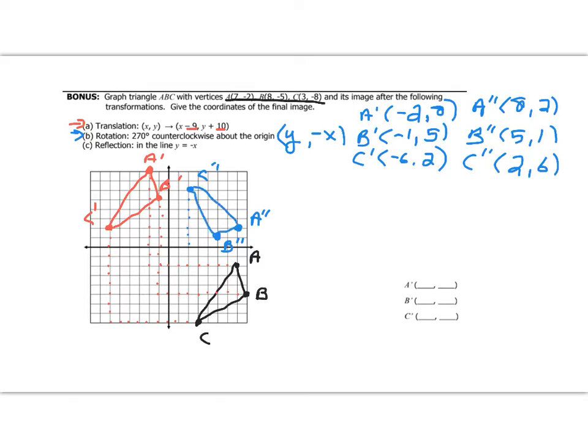Almost done. The last thing I'm going to do is reflect it over the line Y equals -X. So Y equals -X is this line right here. And when I reflect it over that, that's when I have to change everything to -Y, -X.